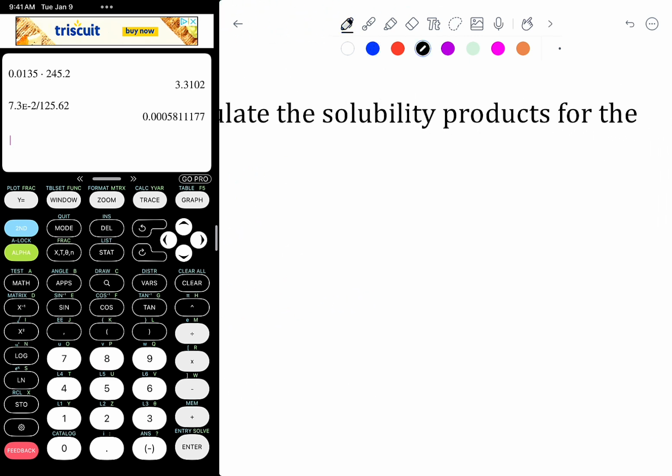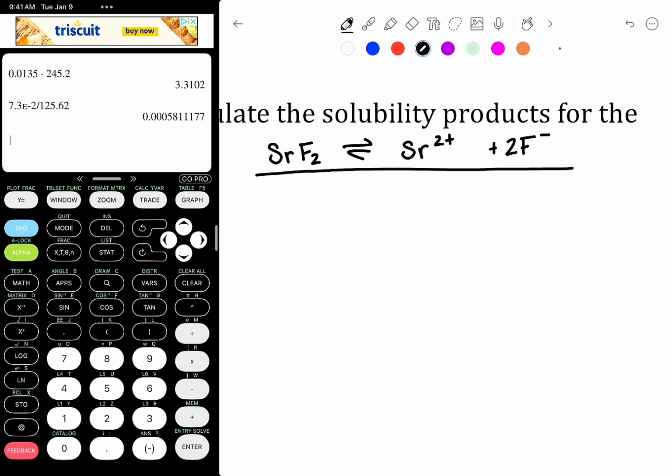If we have strontium fluoride, SrF2, that's going to be in equilibrium with Sr2+, strontium 2+, and 2F-. So we set up our ICE table.